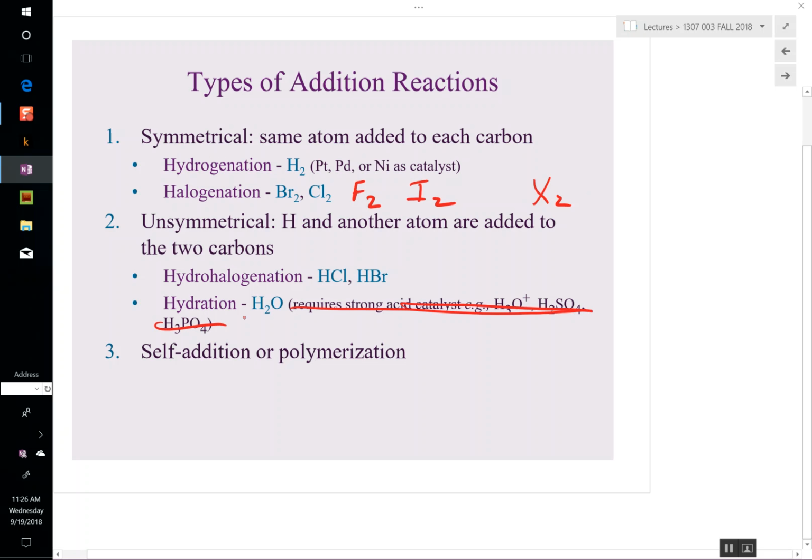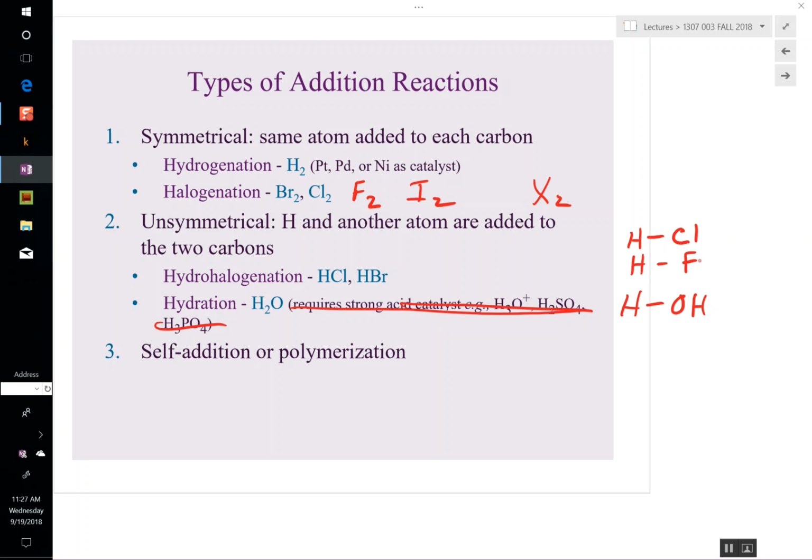These are the catalysts involved in it. If you think of water, that's H2O. Half of the molecule is an H, the other half of the molecule is an OH. It's an unsymmetrical molecule, just like HCl is, just like HF is. There's an H and something else.